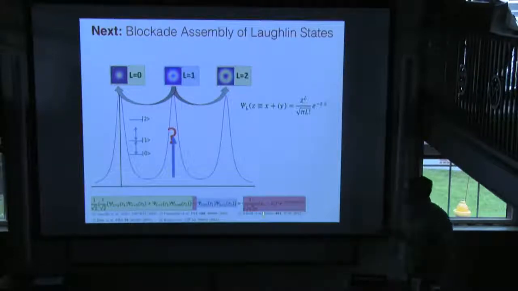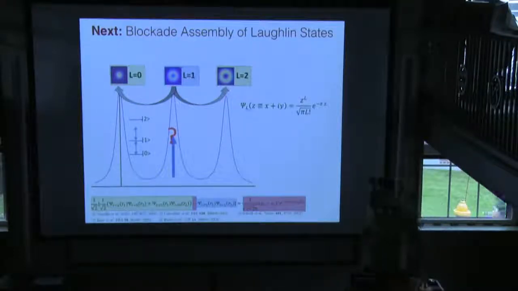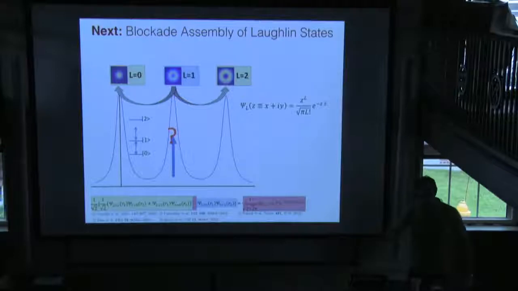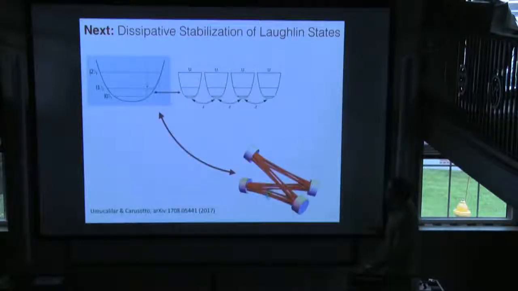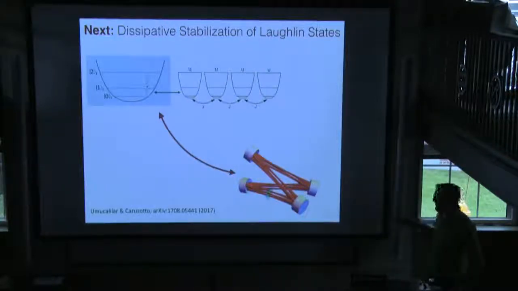Now, in practice, the scaling of this is not so favorable, basically because 3 photons in L = 2 doesn't have a great overlap with a 3-photon Laughlin state. And so there's a real game of what are better ways to build and stabilize these sorts of states. So one idea is to harness this dissipative stabilization technique that Dave talked about yesterday for Laughlin states here.